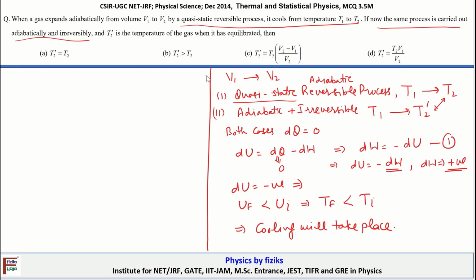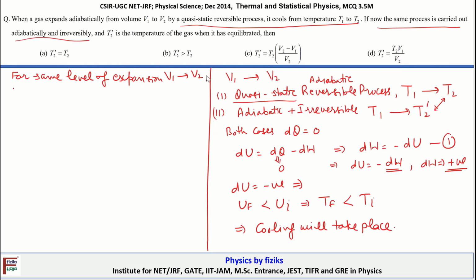We know that for the same expansion volume, please try to understand this point, for the same level of expansion, in both cases the gas is expanding from V1 to V2. So delta V is the same in both of these cases.